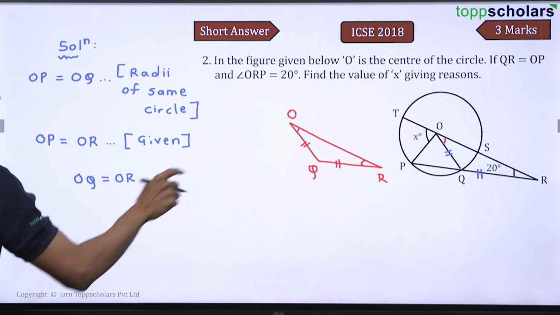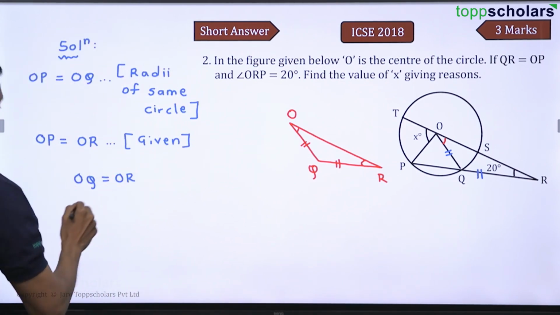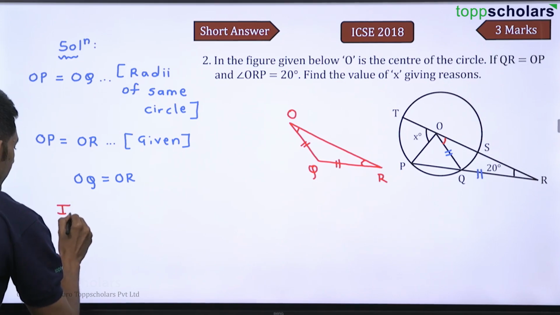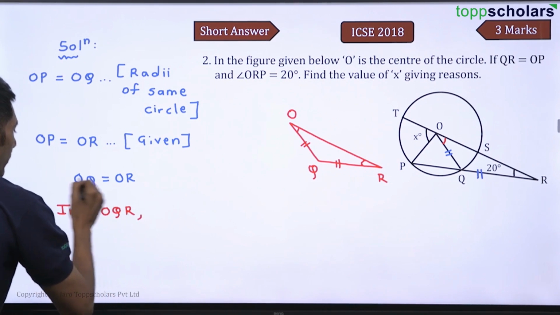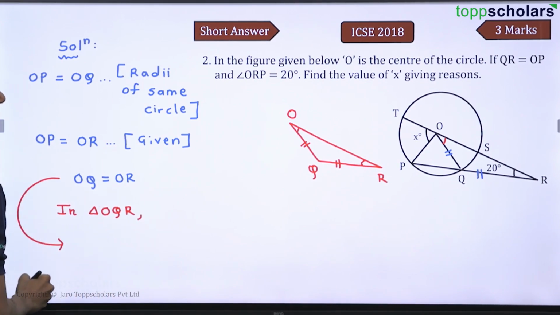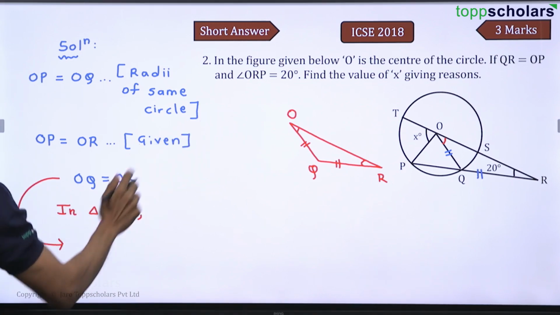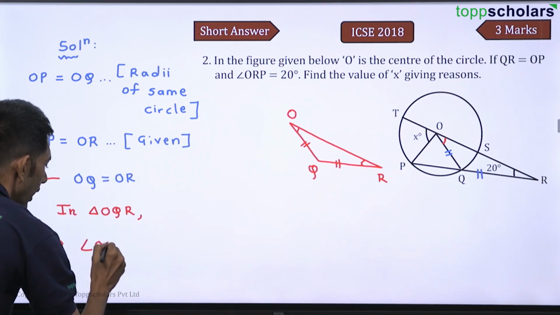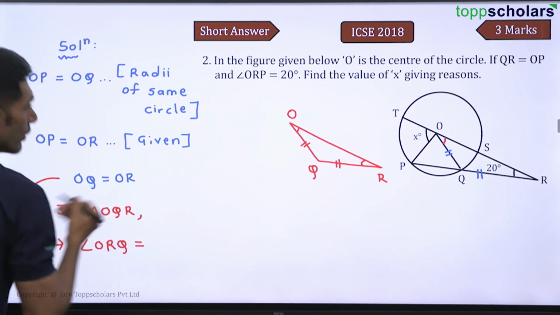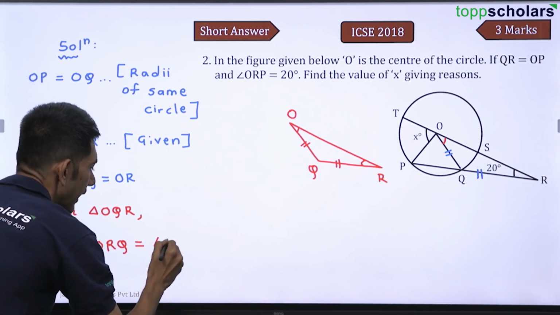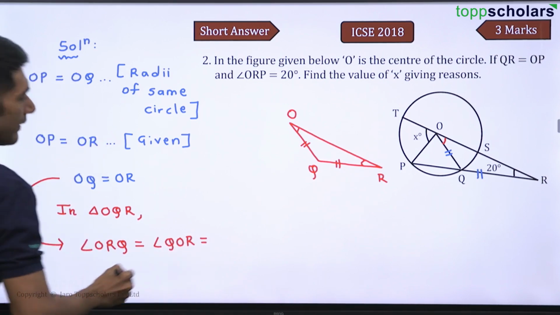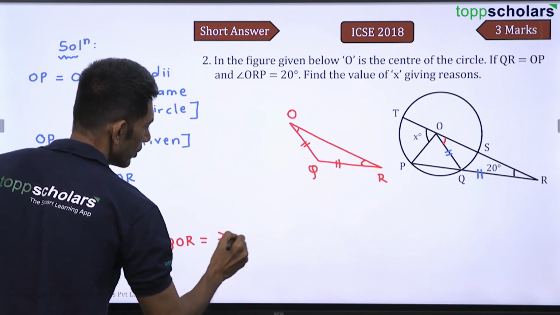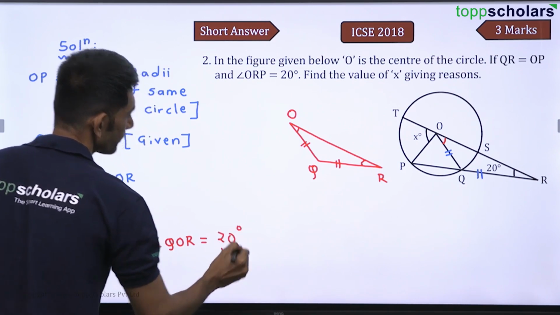So we can say that in triangle OQR, because the two sides are equal, angle ORQ is equal to angle QOR, right? And that is equal to 20 degrees.